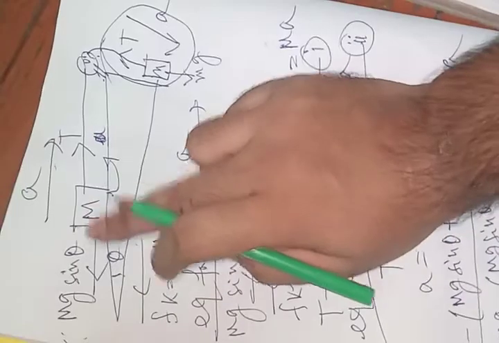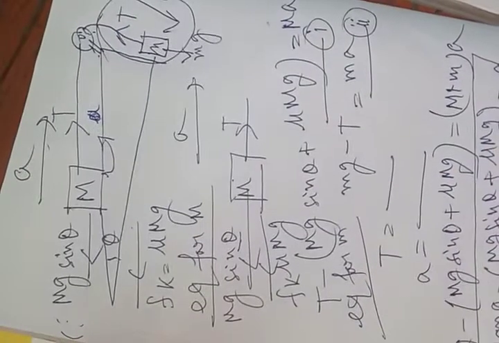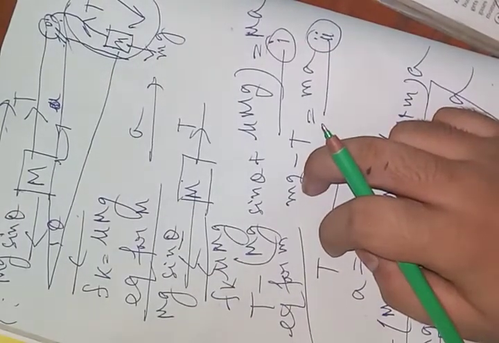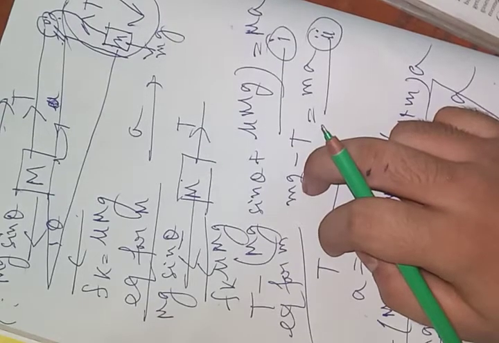And always remember, along the incline it is always mg sine theta, and the normal reaction force in this case is mg cos theta.